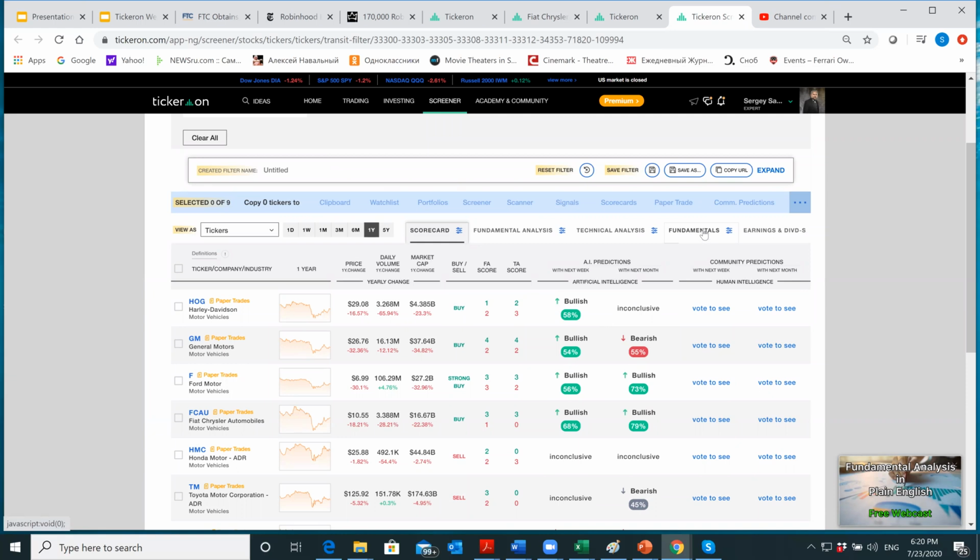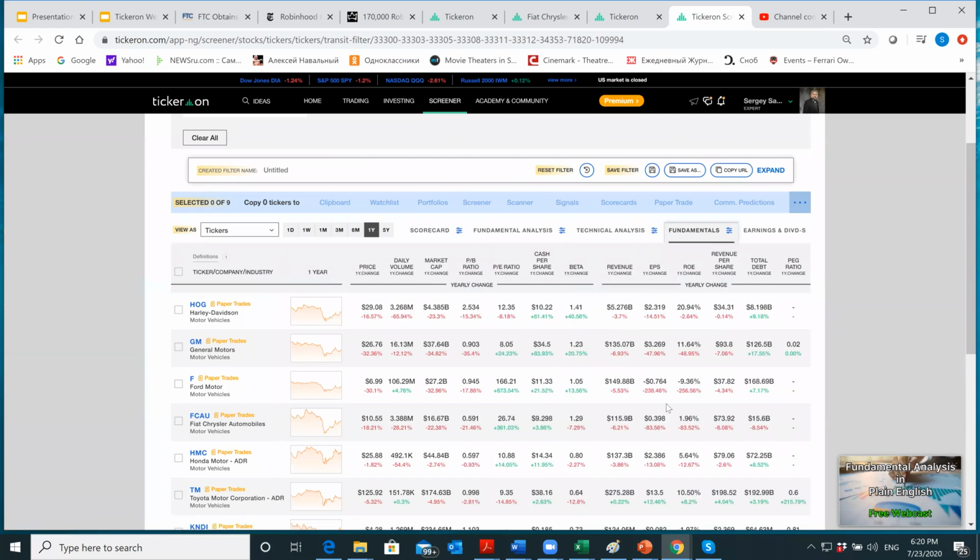I'm going to click here. This is classical fundamentals for each stock in this group: Harley Davidson, General Motors, Ford. As you can see, you have to be really knowledgeable in fundamentals, and that's what scares a lot of people. You have to understand the effects of the P/E ratio, that's the price per earnings ratio.